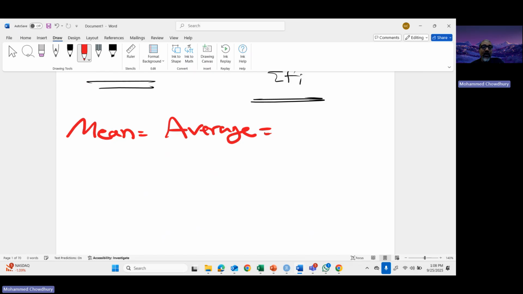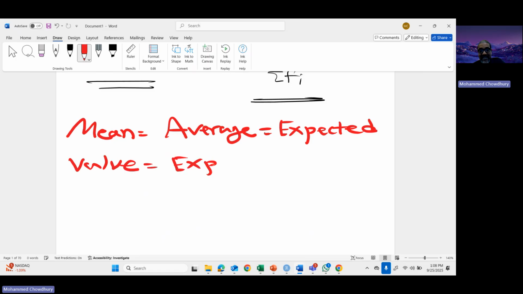Most importantly, when you say expected value, anybody will understand that this is coming from a probability distribution. Expected value, expectation, or mathematical expectation are the same thing.